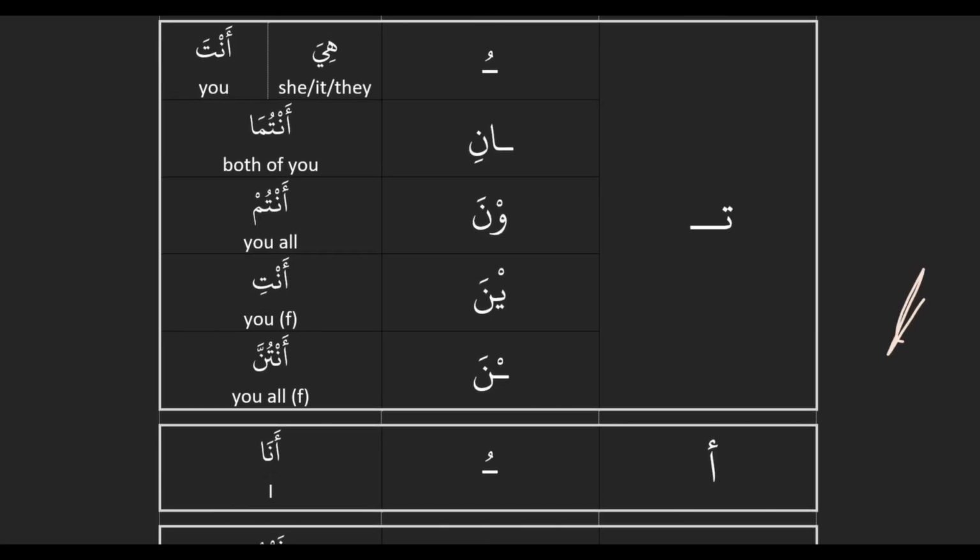A-ton, like a ton of letters. So these are the 4 letters that begin present tense. And then the endings are either dhamma, ani, una, ina, or just a na.